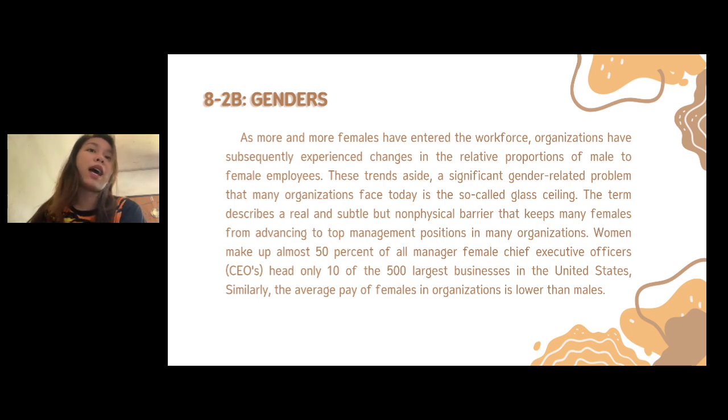So it means mas mataas yung 2010 na percentage ng women, which is the 47.9, kesa nung 1990 na 45.2. Well, noong 2000 is 46.6 ang percentage ng census organization.